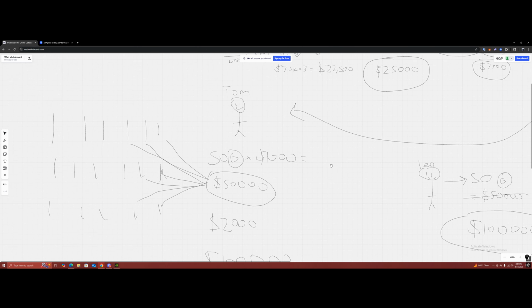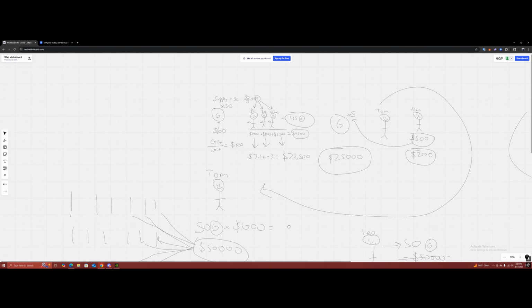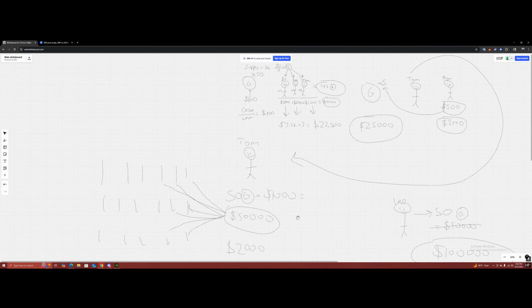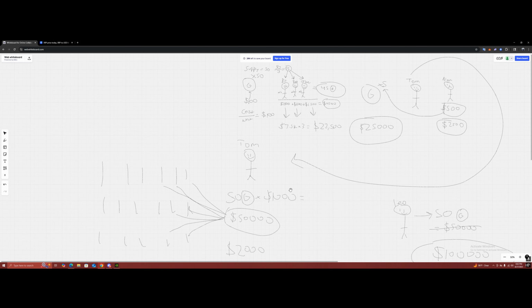Now Tom over here magically came into $50,000, so he essentially outbid every single person for total control of G coin. Every single person now gave their G coin to Tom. So Tom is technically the owner of 100% of the circulating supply, and he can price gouge whatever he wants because he's the market maker, right?